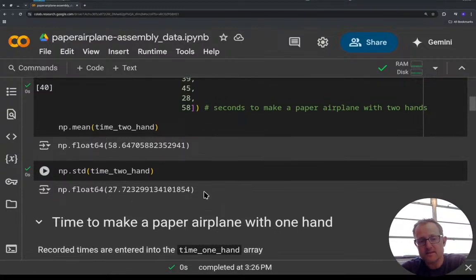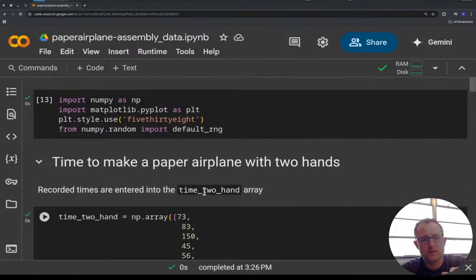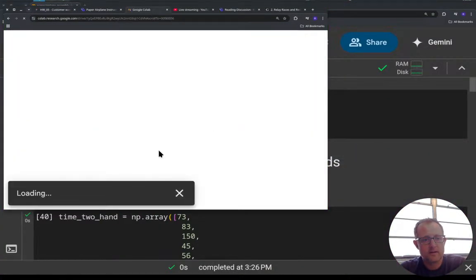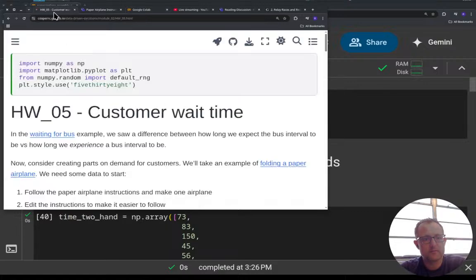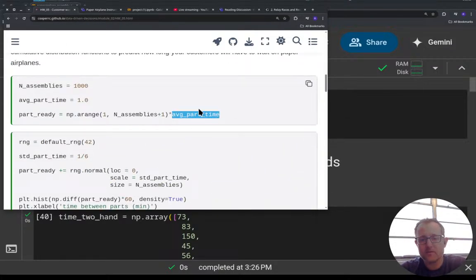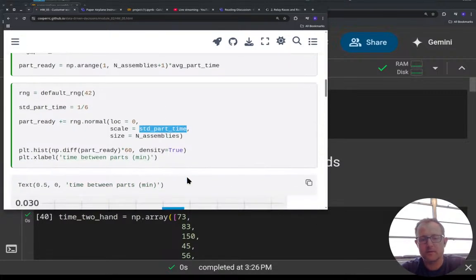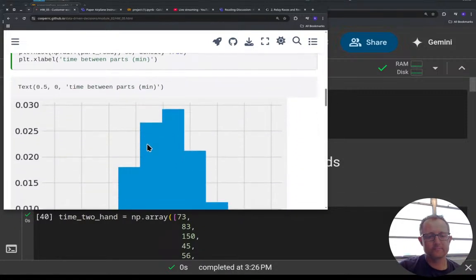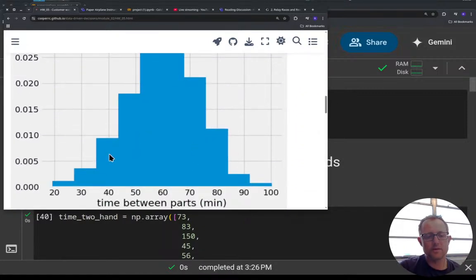The main things for getting this data into the homework 5 project are the average part time here and then that standard deviation. Those are the two main things. So here I can plug in that standard deviation and then the average part time there, and that's how you can create this new time between plots.